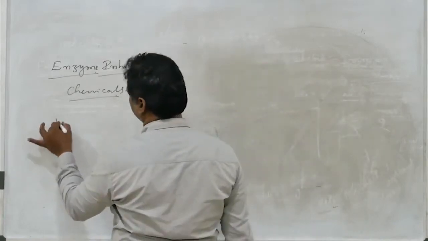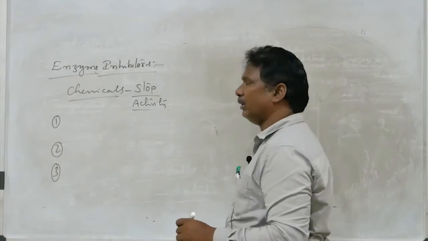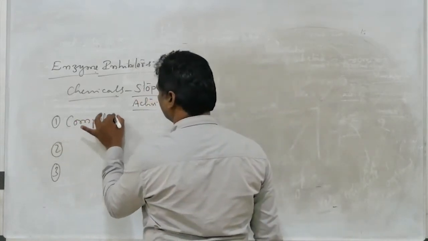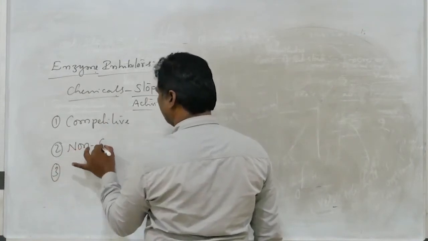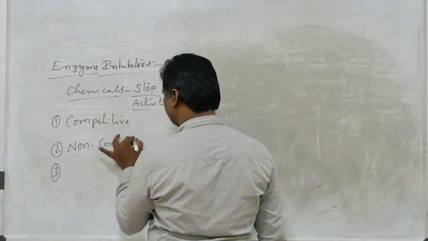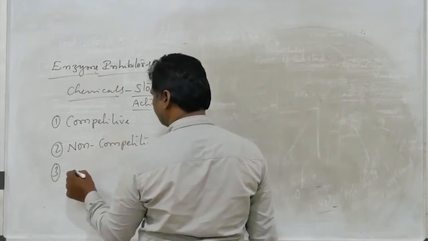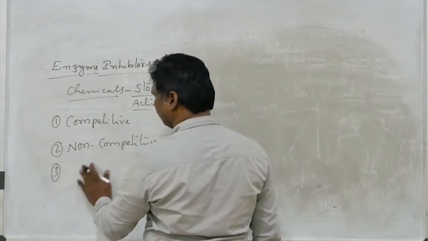According to your syllabus, there are 3 types of enzyme inhibitors. One is called competitive inhibitors. Second one, non-competitive inhibitors. And the third one, allosteric feedback inhibitors.